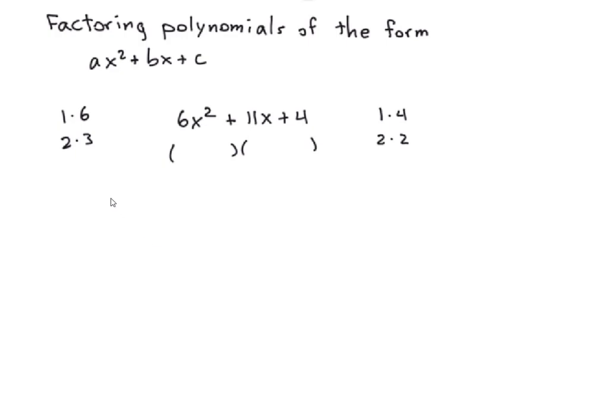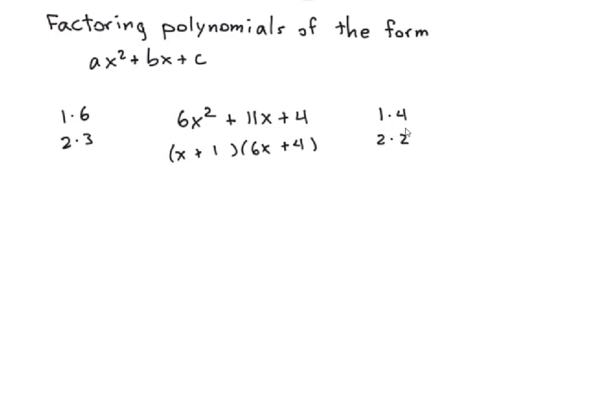So for instance, if I do this x and 6x, and say for the second term I select 1 and 4, and try to put them in this orientation, I know for a fact this is not going to work because 4 and 6 have factors in common, and because the original polynomial didn't have factors in common all the way through, there's no way that this is going to work, because this 2 that these have in common would end up being a factor in common for the whole thing. So we know that this isn't going to work.